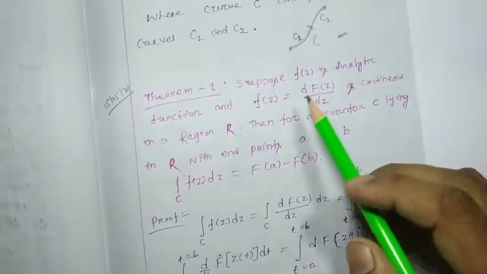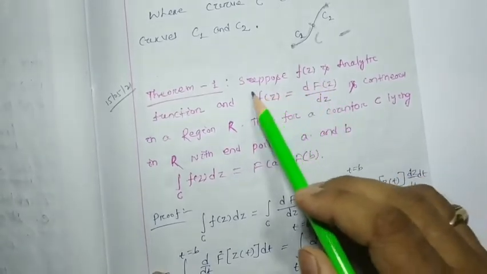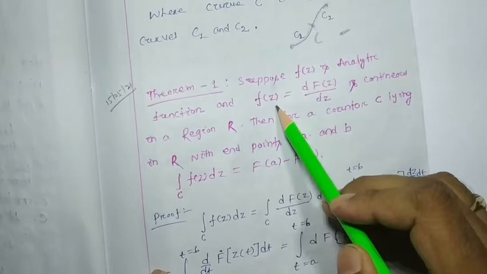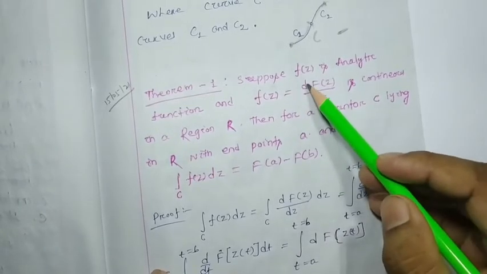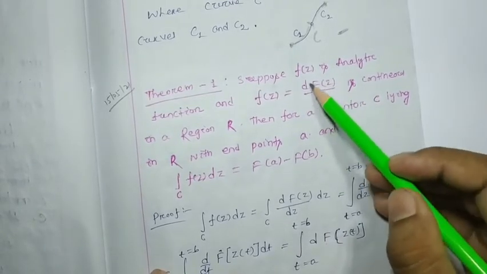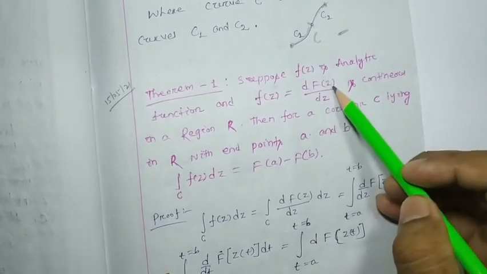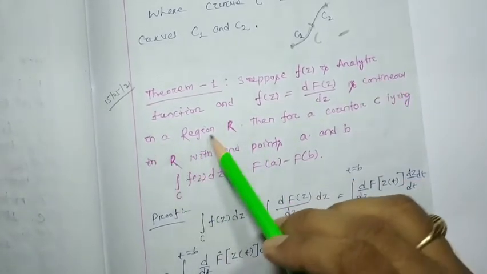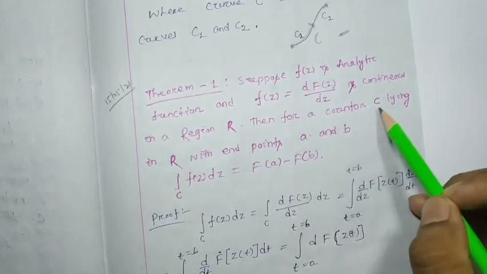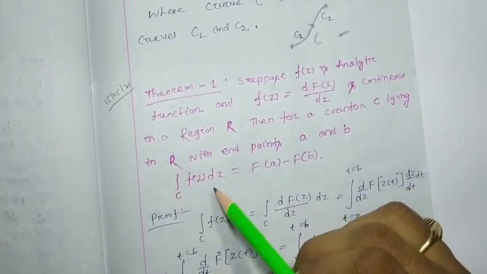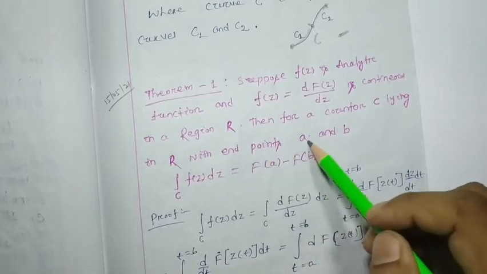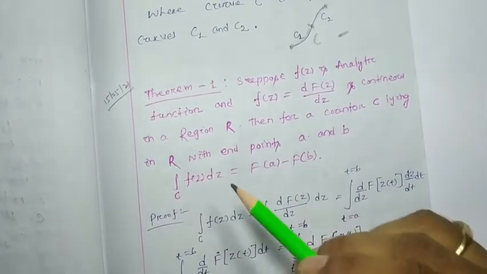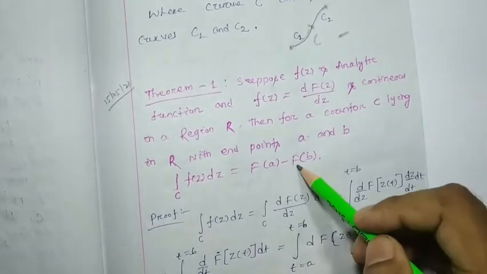Now we have to go for a theorem. Suppose f(z) is an analytic function and f(z) is represented by d by dz of another function, capital F(z), which is continuous in a region R. Then for a contour C lying in R with end points A and B, the contour integration of f(z) dz will be equal to F(b) minus F(a).